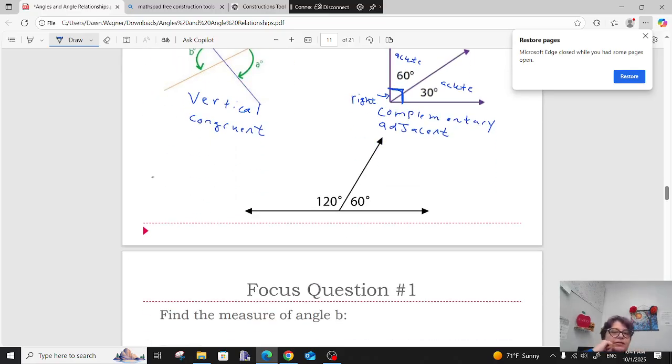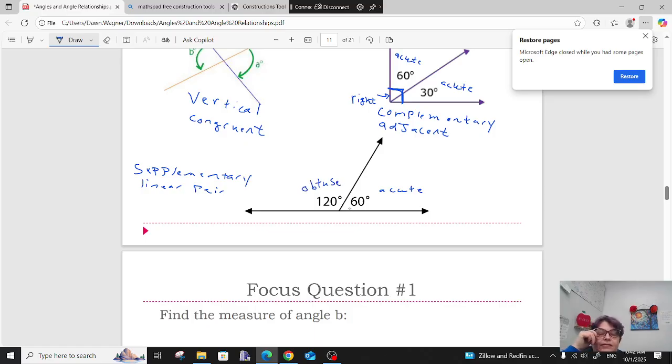What kind of words can we use for this one? Supplementary. Good. Linear pair. Very nice. Any others? This one would be acute. And what would be the 120? Obtuse.